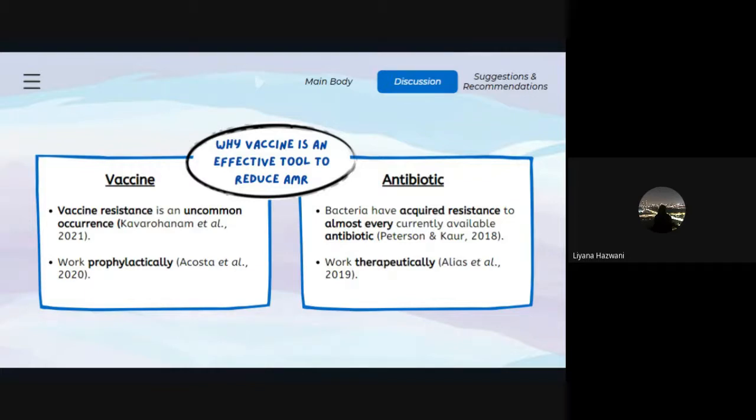Hence, the probability of pathogens to proliferate and grow in a large population within the body is very low. Whereas antibiotic works therapeutically, which is administered after the symptoms have been diagnosed in patients. Therefore, during the infections, the bacterial cells have grown and proliferated in high numbers.